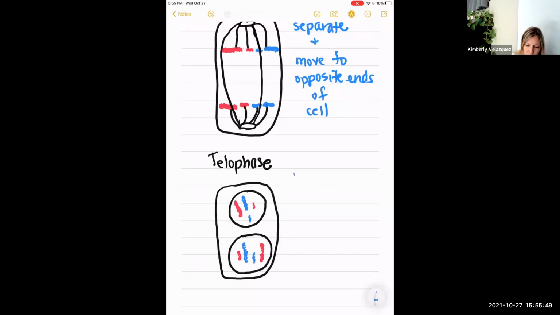So new nuclear envelopes form. And now that's effectively division of the nucleus of the cell.